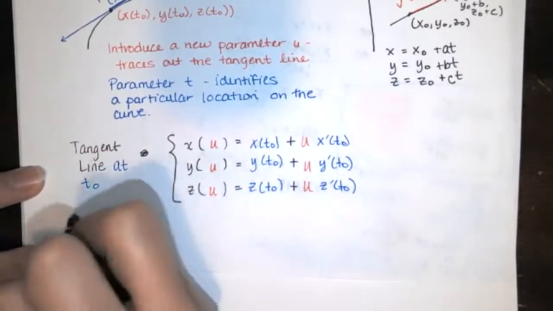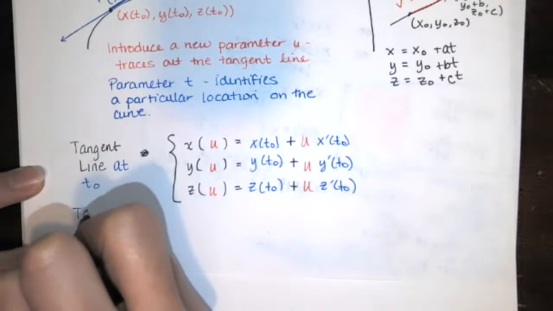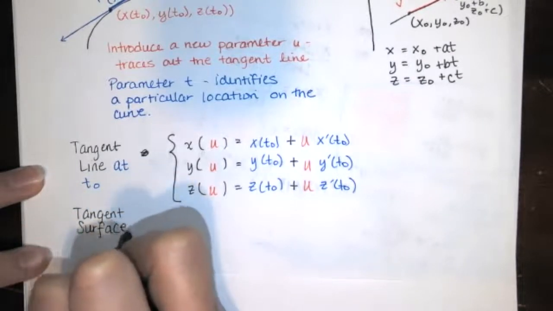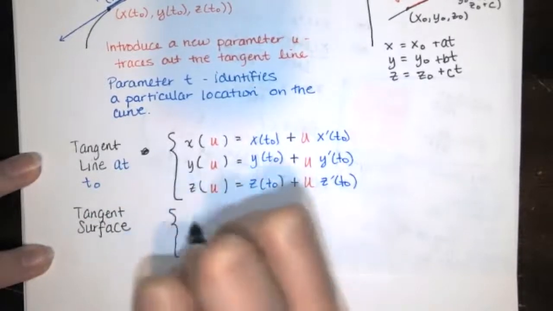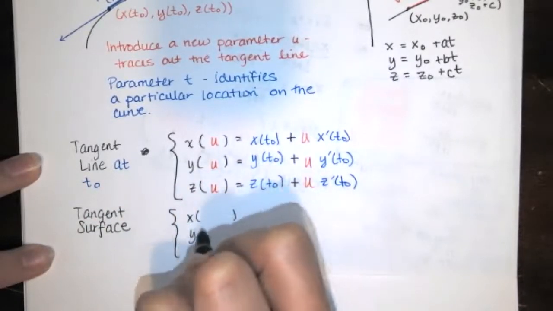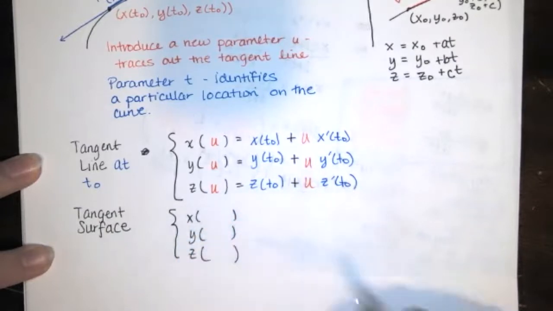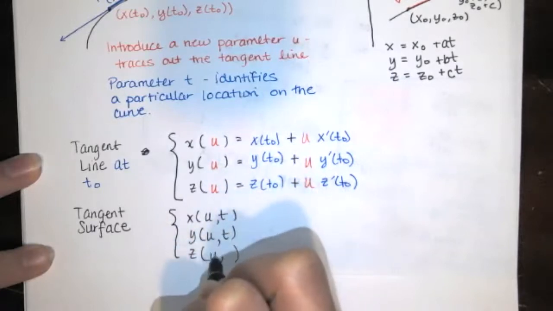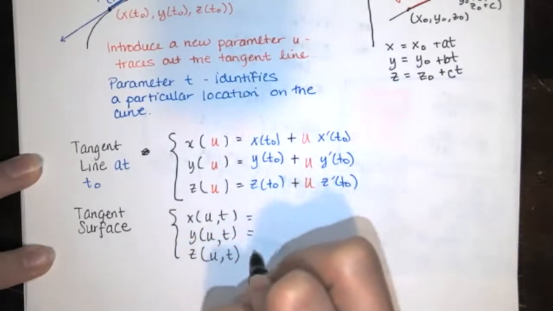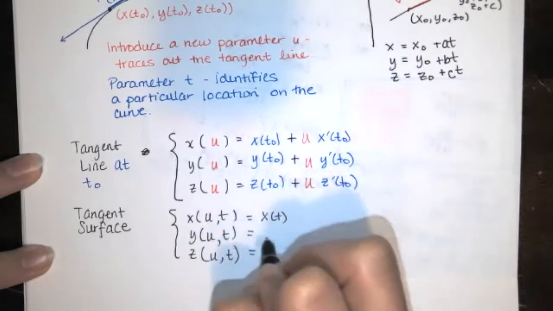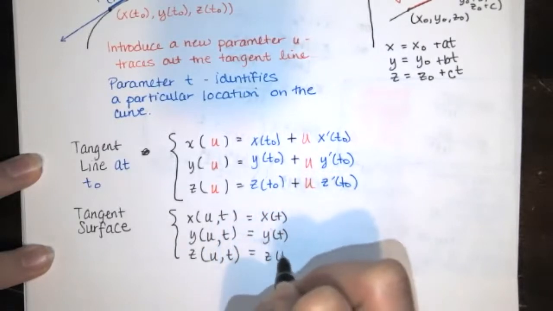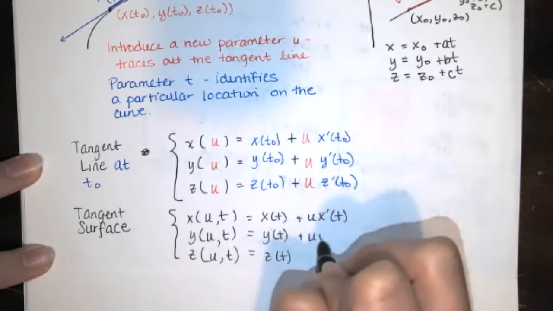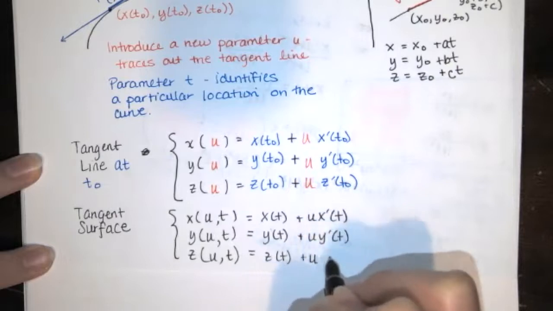So the tangent surface has parametric equations that depend on two variables, u and t. So we'll have an x of t here, a y of t here, and a z of t here, and then an x prime of t, and a y prime of t, and a z prime of t.